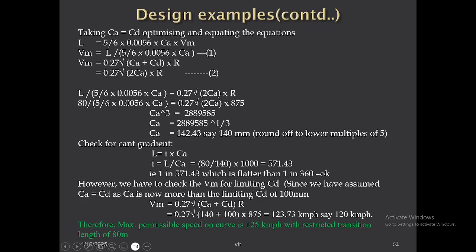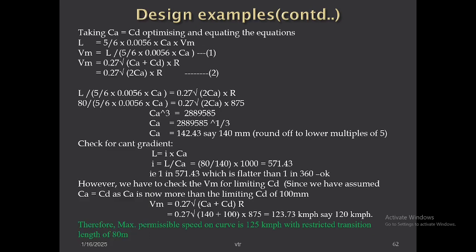With this equation we can calculate the speed, and we got 123.73 km per hour, or rounding down to the lower multiple of 5, say 120 kmph. Sorry, it is 120 kmph, not this one.